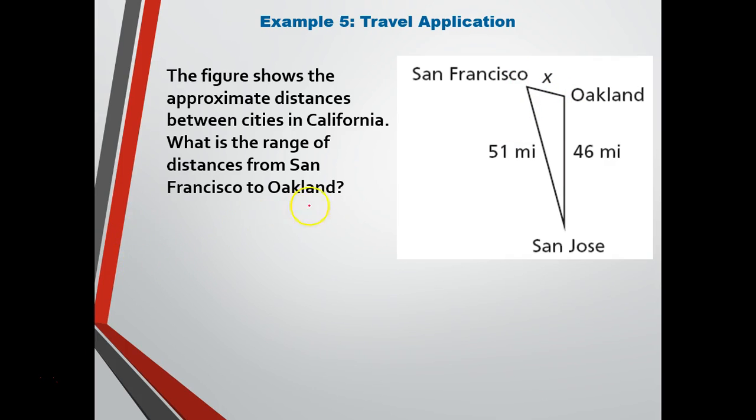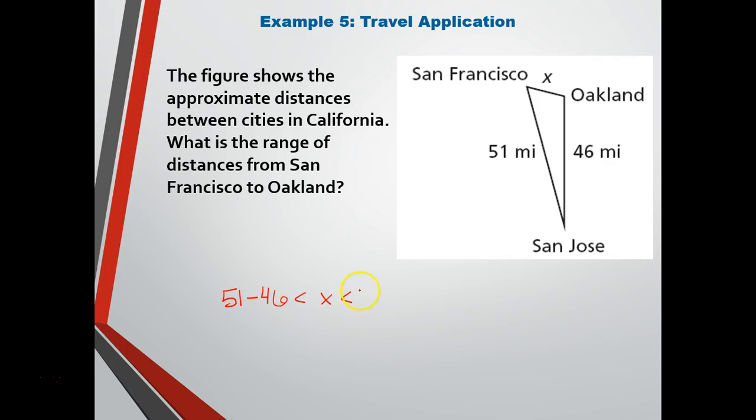Now, remember, like I did the last time, this range is going to be between these numbers right here. We're going to subtract these numbers, and then we're going to add them together to get the range. So the smallest one is going to be 51 minus 46.